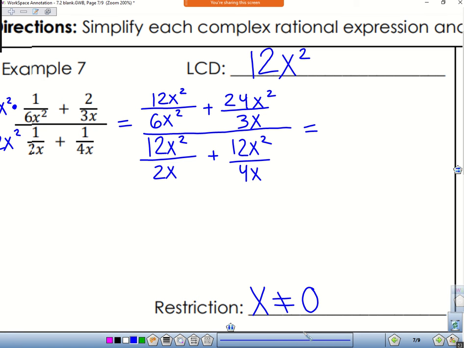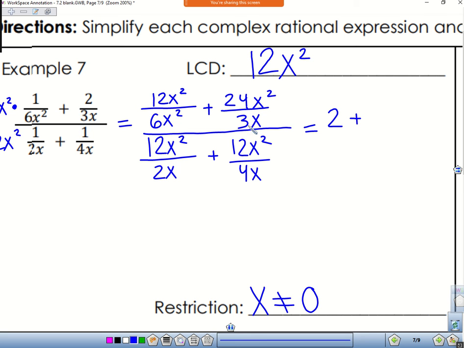So from here, we're now going to simplify these. What's 12 divided by 6? 2. And then what's x squared divided by x squared? X. Well, no, it's just 1. X squared divided by x squared is just 1.